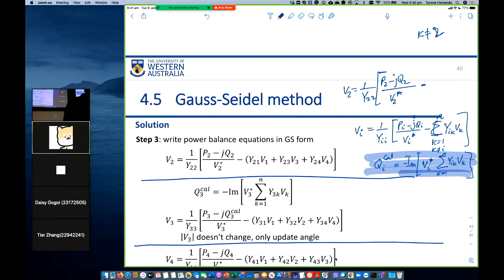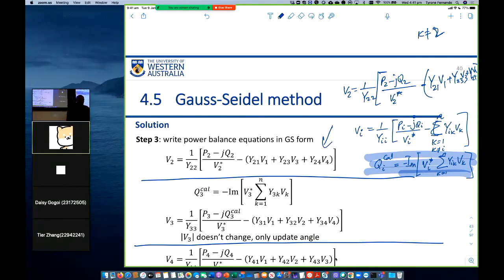So K is equal to 1: Y21 V1. The next term is K equal to 2, but K can't equal 2. So the one after that is K equal to 3: Y23 V3. Plus K equal to 4. I is still 2: Y24 V4. Right? So you have that.